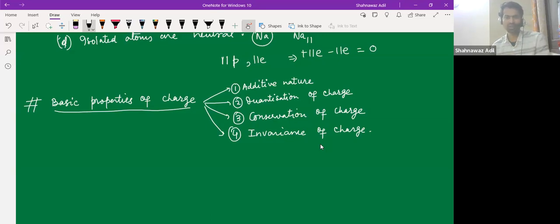But the charge will remain the same. If someone is measuring the charge and he is moving, he will measure the same charge, let's say 4 coulomb, and someone outside the lab will measure the same charge. In different frames of reference, the charges will be the same, right? So charges are invariant because the magnitude of charge doesn't change in a different frame of reference. That is the invariance. It doesn't depend upon the velocity. Clear?